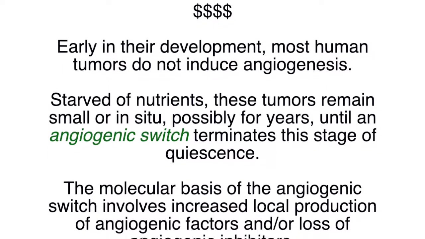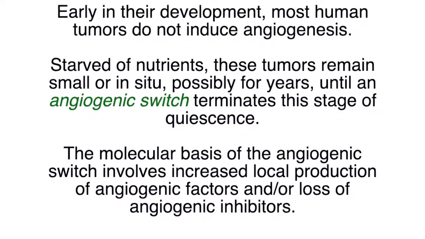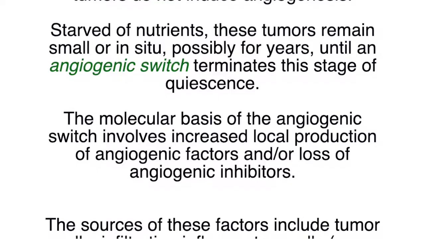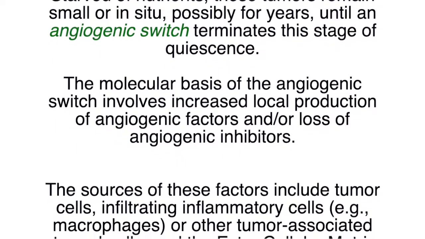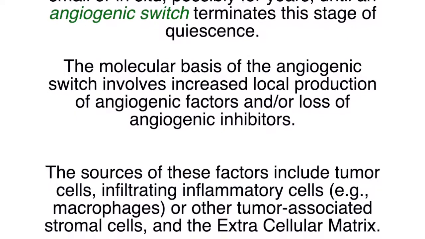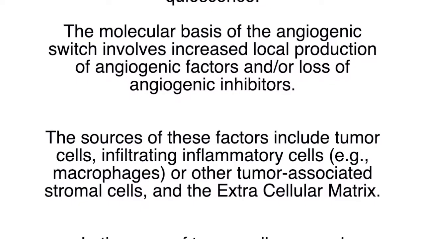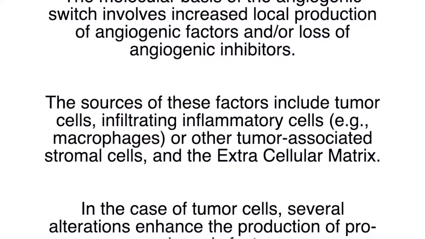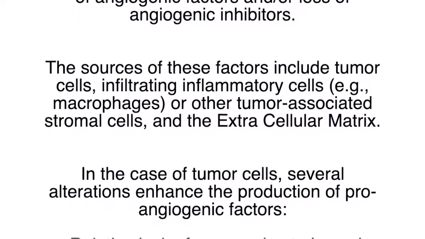The molecular basis of the angiogenic switch involves increased local production of angiogenic factors and/or loss of angiogenic inhibitors. The sources of these factors include tumor cells, infiltrating inflammatory cells, for example macrophages, or other tumor-associated stromal cells, and the extracellular matrix.